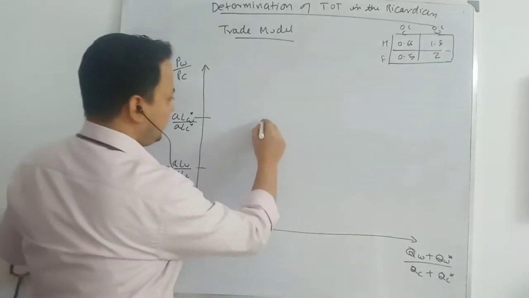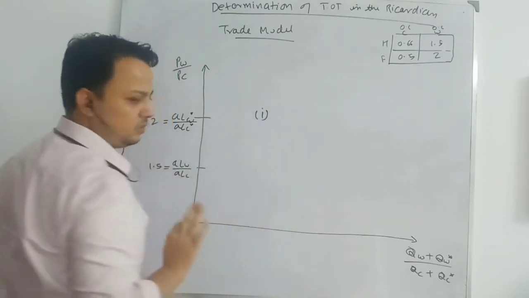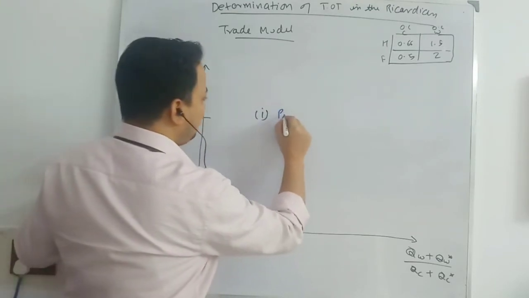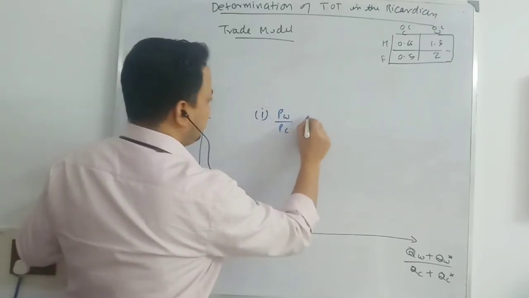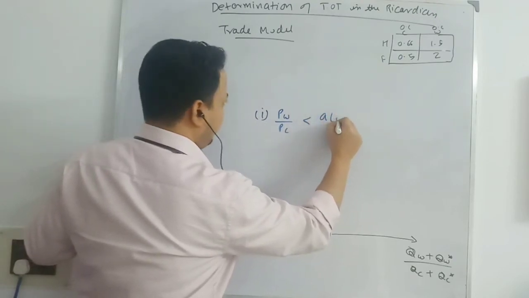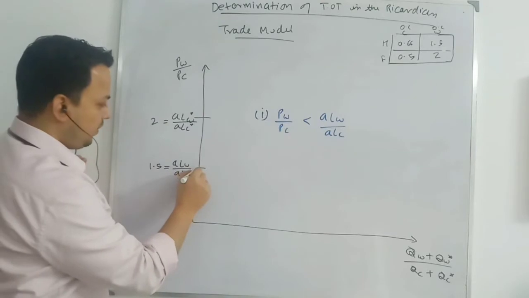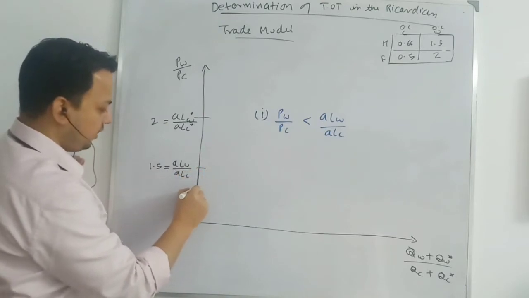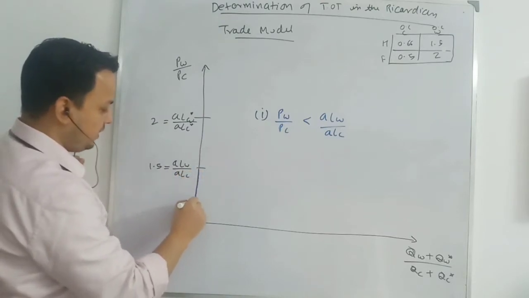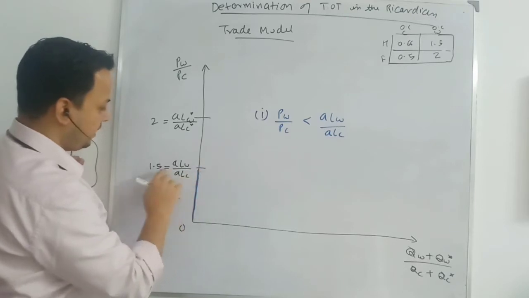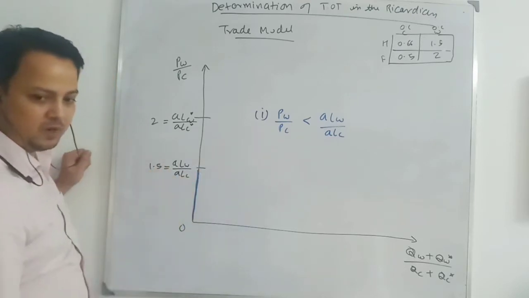So first point, write down. If PW by PC is less than AW by AC, if you have any price prevailing less than this one, suppose the price is here, any price less than 1.5, what will happen?